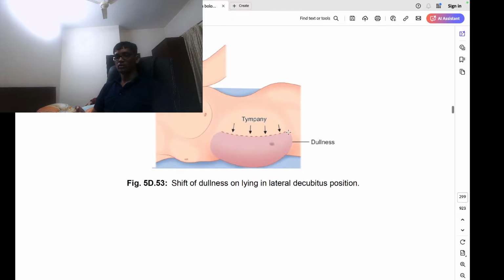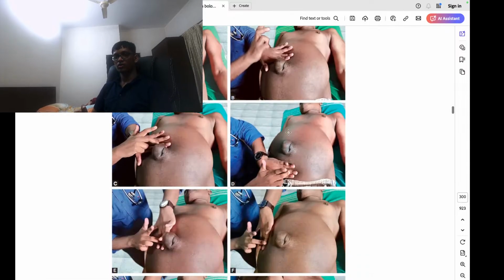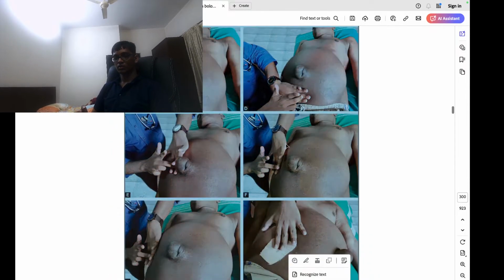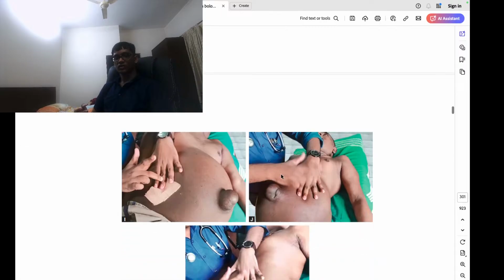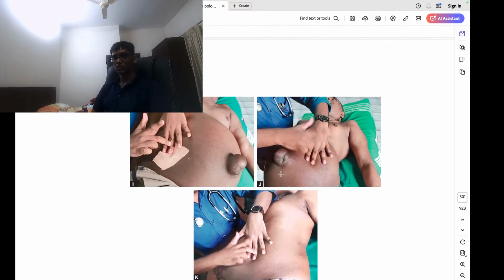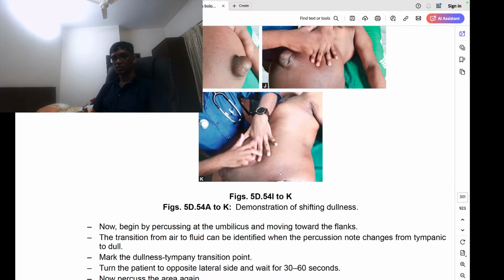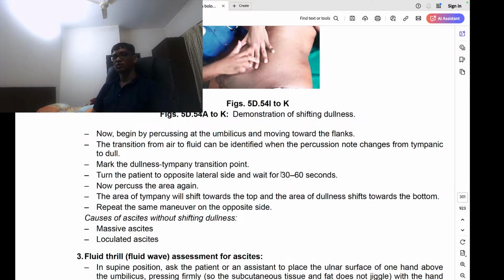Then you make the patient lie in the lateral decubitus position. You do it once like this, and once like this. Then you do the same thing again on the right and left. Begin percussing at the umbilicus moving towards the flanks.